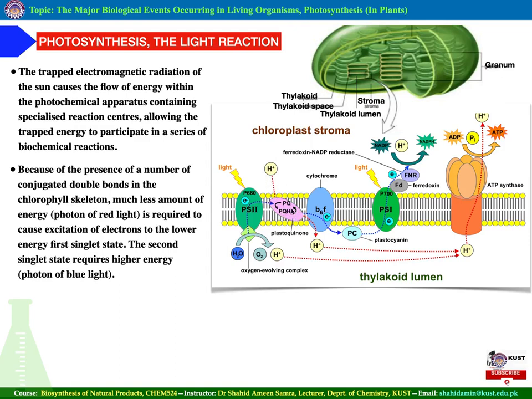These protons and electrons are coming from photosystem 2, and these electrons are further transferred to cytochrome, and from cytochrome they are transferred to plastocyanin, and then to photosystem 1.